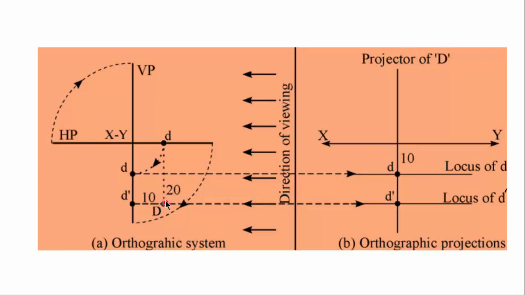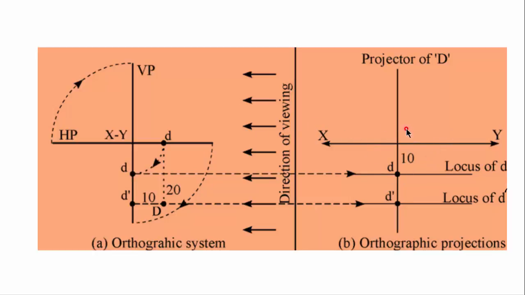Finally, consider point D. It is in fourth quadrant, specifically 20 mm below HP and 10 mm in front of VP. The projections, plan is here and elevation is at this location. After rotating HP, plan will move and finally will take this position.